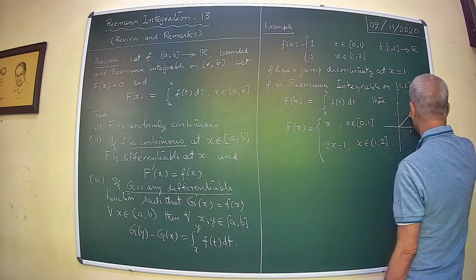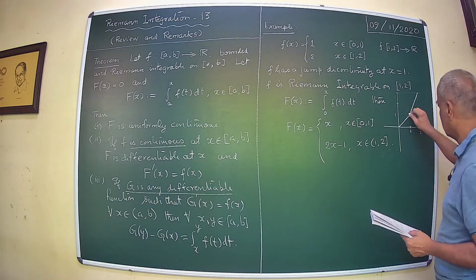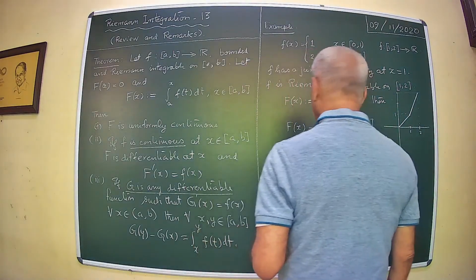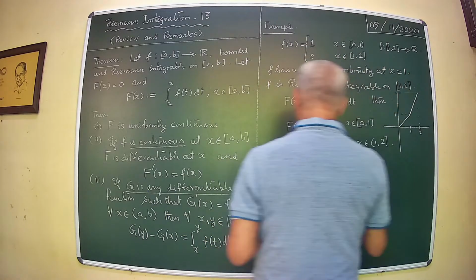It's a continuous function. Well, this is the graph of the function. And the original function f we can define.